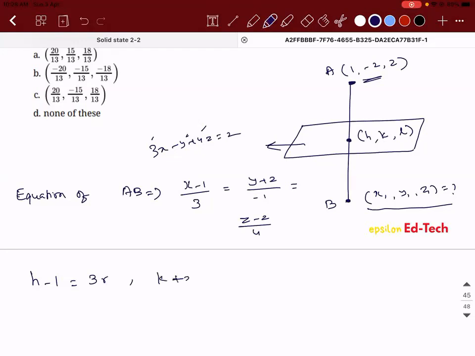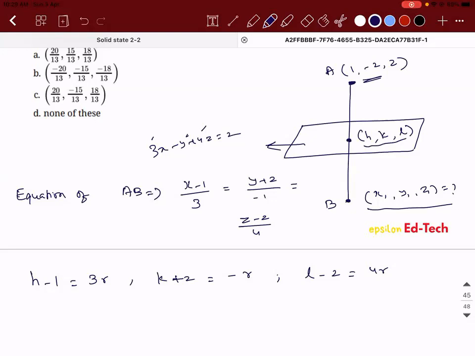Then k plus 2, I can write as minus r. And l minus 2, I can write as 4r. So how did I write this? You substituted it into the equation of AB, h comma k comma l.